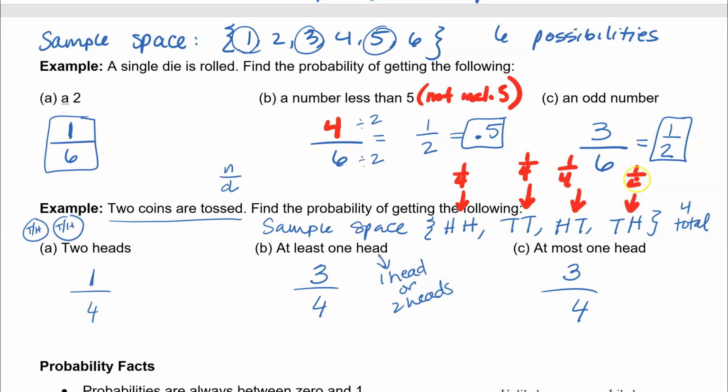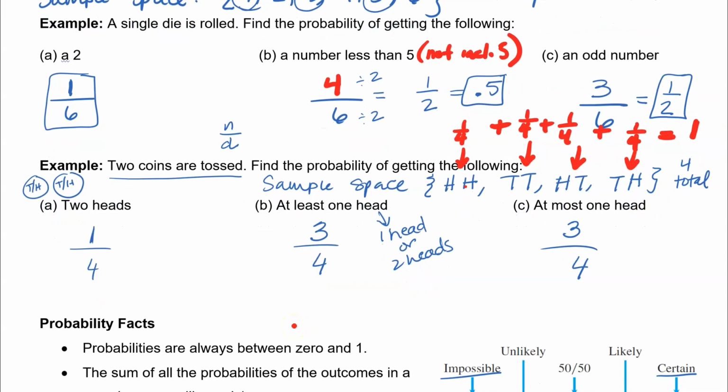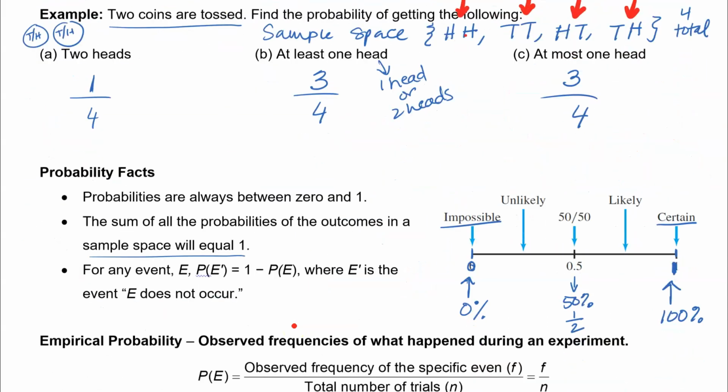Tail head is 1 out of 4. And if you add those probabilities together, 1/4 plus 1/4 plus 1/4 plus 1/4, you end up getting 1, which is the same thing as 100%. So the probabilities of everything in the sample space individually added together should always equal 1. They're not always necessarily going to be the same number, but they will always add to 1. So that's what that's saying.